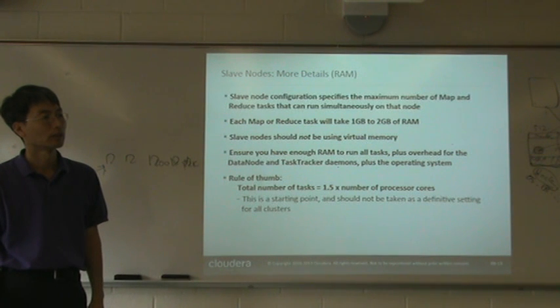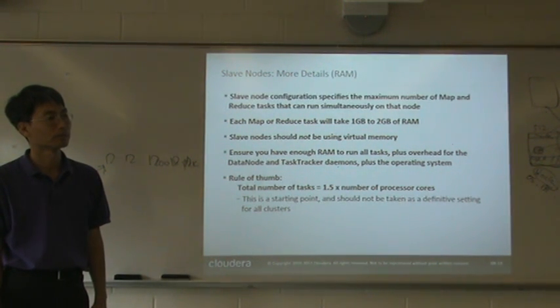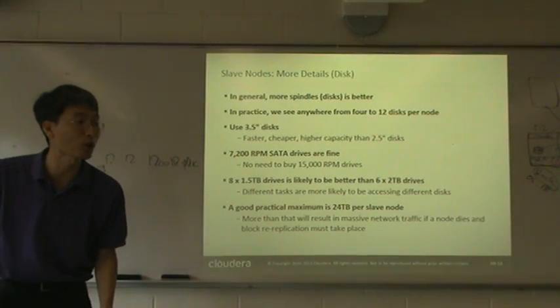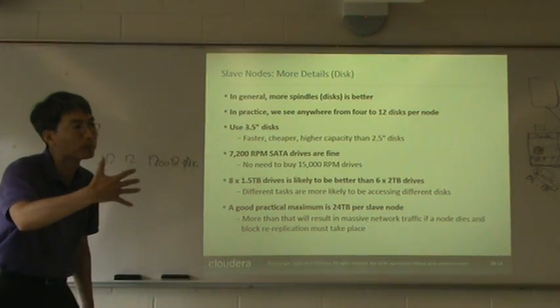Okay, so I have a question. When you have a huge cluster with maybe thousands of nodes, would we possibly have more than one master node? No. You can have only one master node, but you can back up the master node.